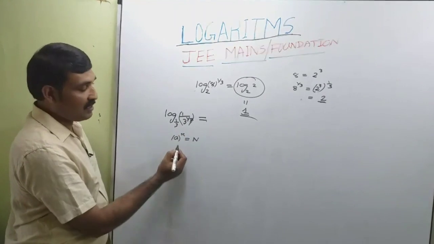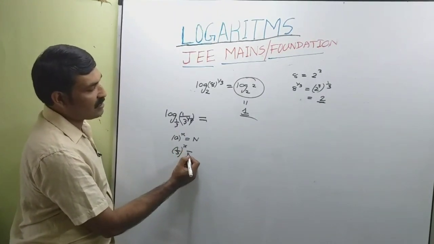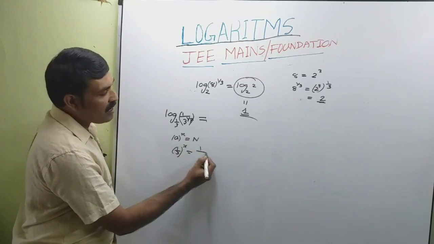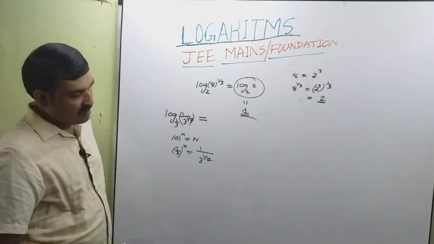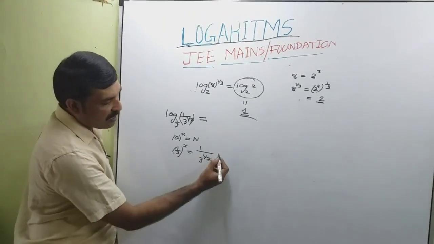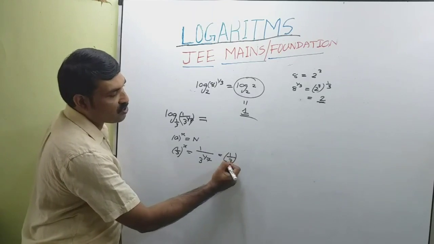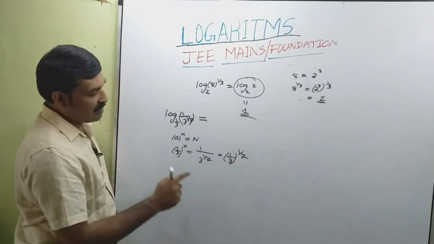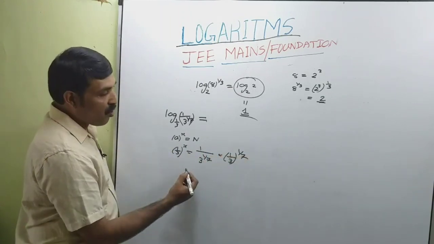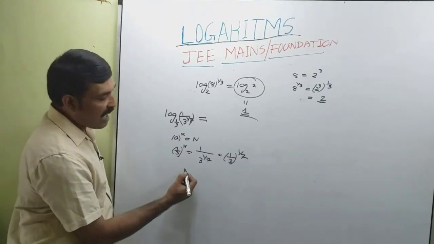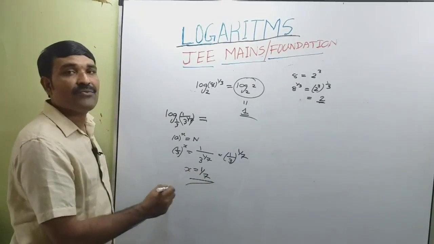Here a is 1 by 3, so 1 by 3 raised to x is equal to n, and n is 1 divided by 3 raised to 1 by 7. That means 1 by 3 raised to x is equal to 1 by 3 raised to 1 by 7. Now comparing the powers, x is equal to 1 by 7. This is the value of x.